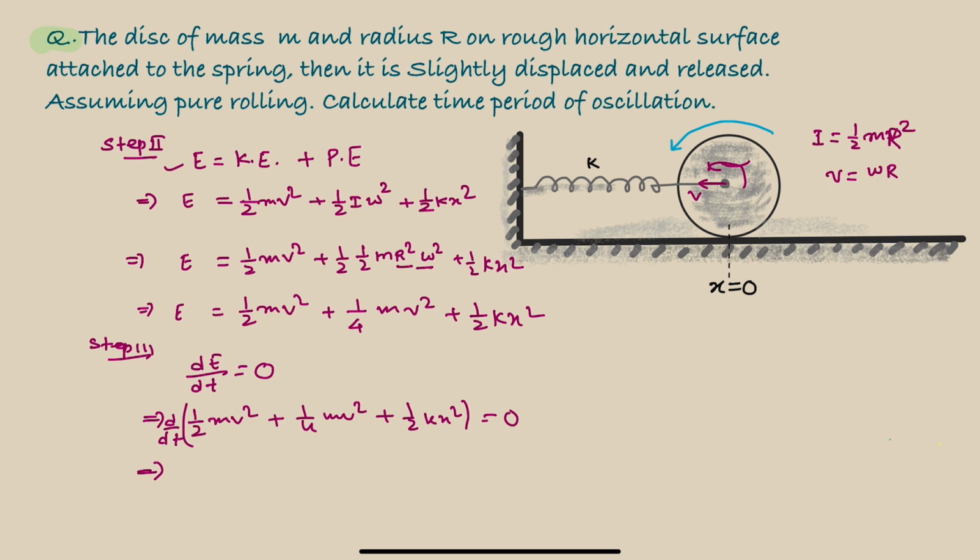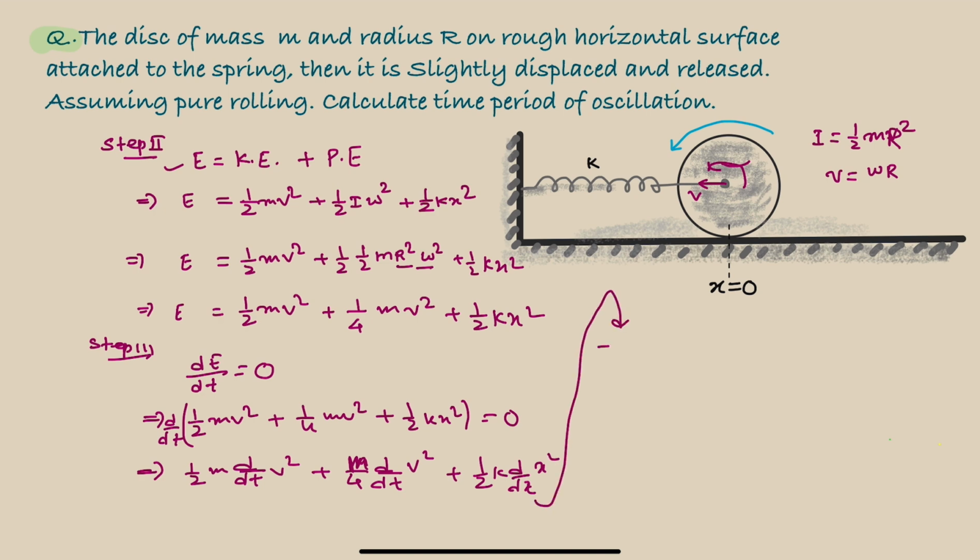So once we are differentiating the whole expression, d/dt of half m v squared plus 1 by 4 m d/dt of v squared plus half k d/dt of x squared.